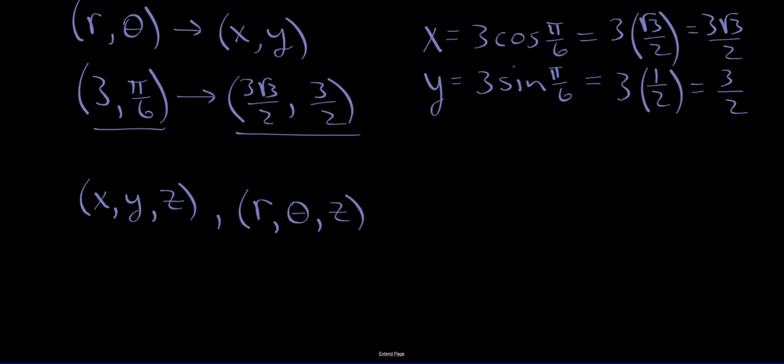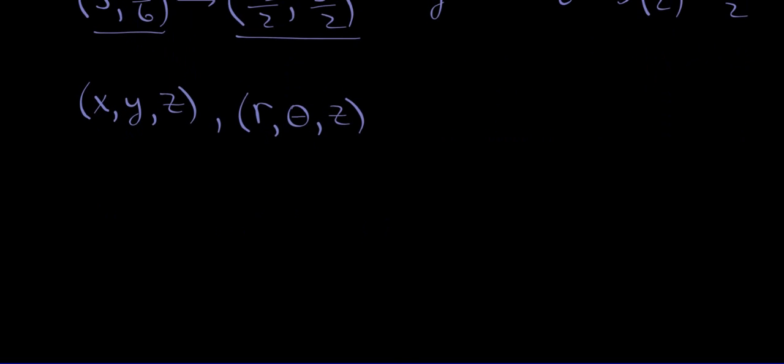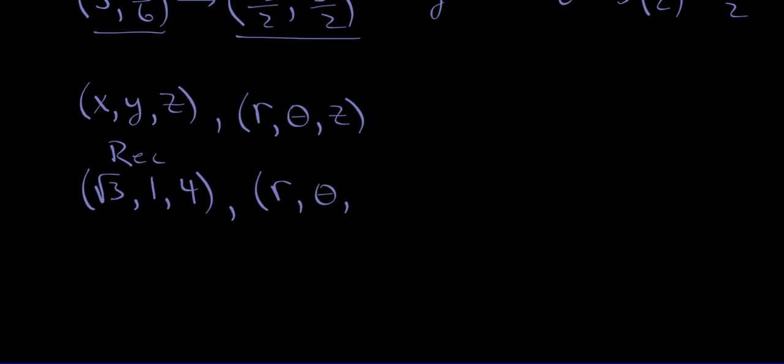So now, for example, let's look at this. Let's suppose I have the square root of 3, 1, and 4. Now this is rectangular coordinates. And what I want is an r, theta, and a z.